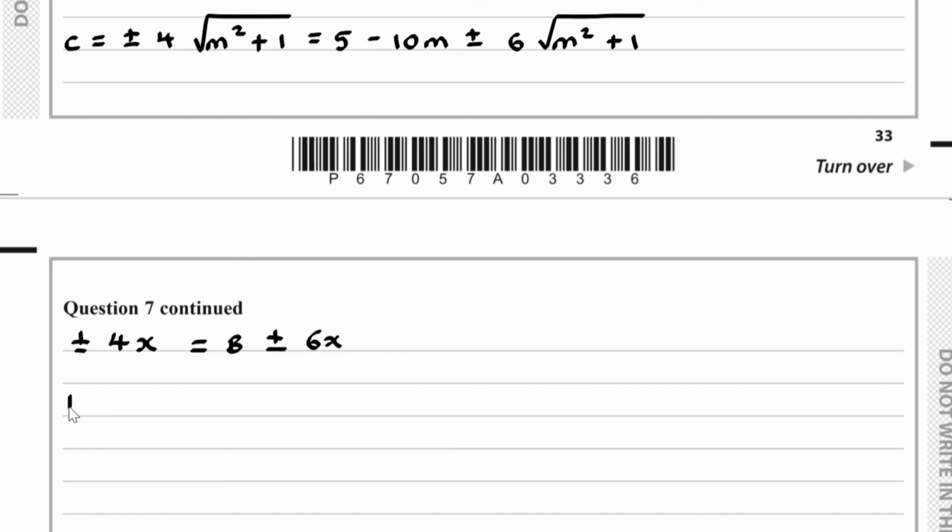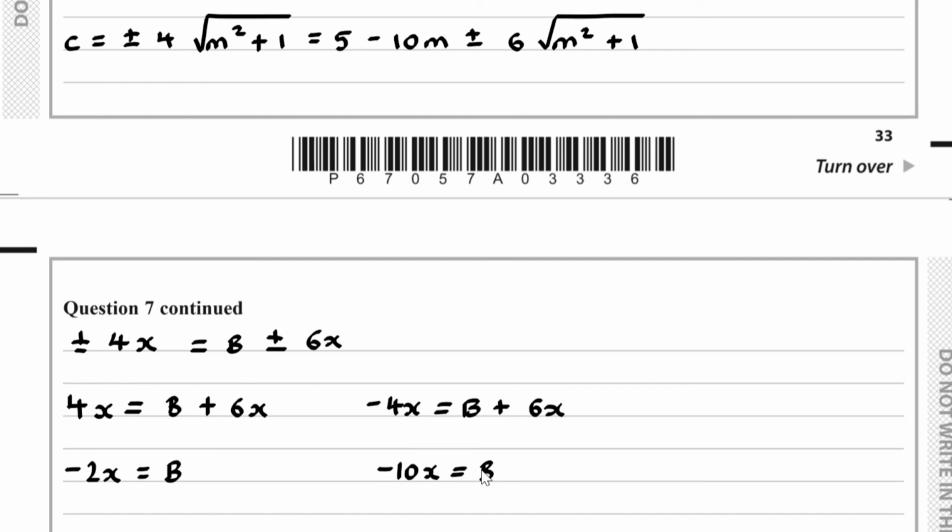If I have plus 4x equals b plus 6x, that means we would have minus 2x equals b. But what happens if I've got minus 4x equaling b plus 6x? Well, taking 6x from both sides, we would have minus 10x equals b.